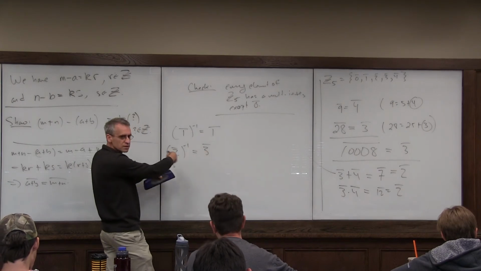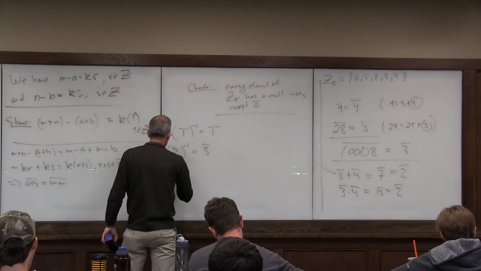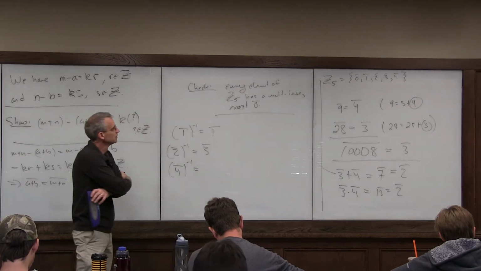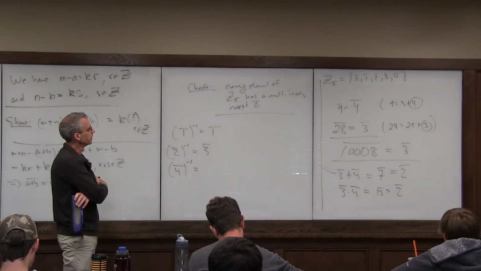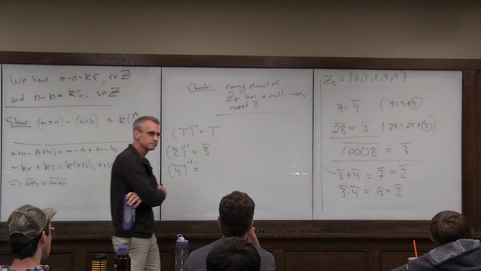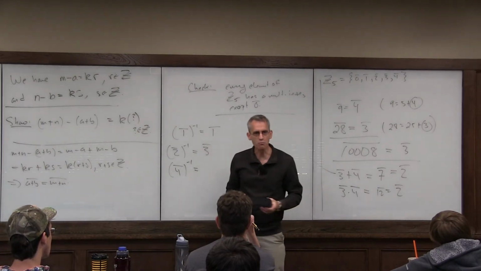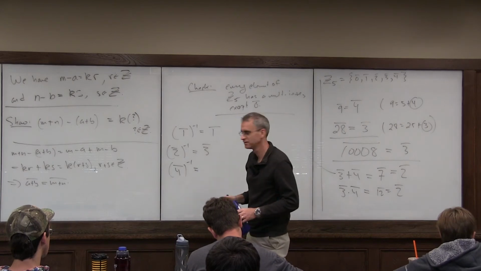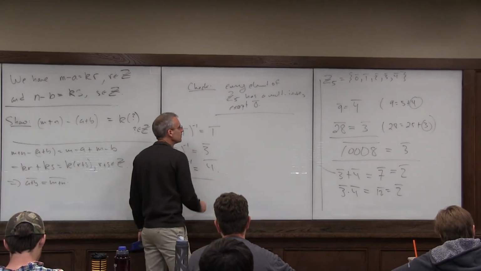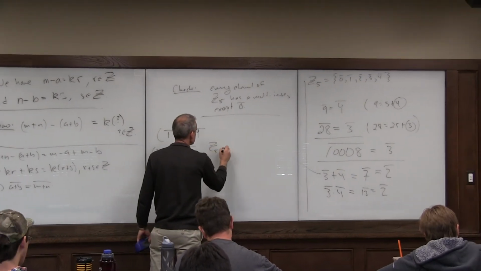So these are inverses of each other. So now we have to do 4 bar inverse. What's that going to be? Yeah, it's its own multiplicative inverse. And we're done. So Z5 is a field.